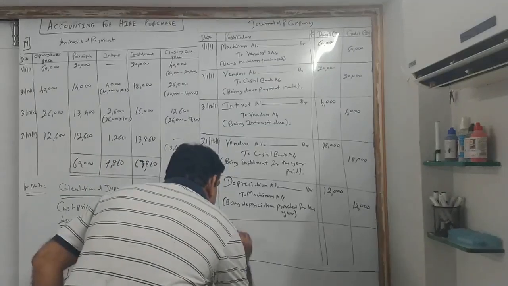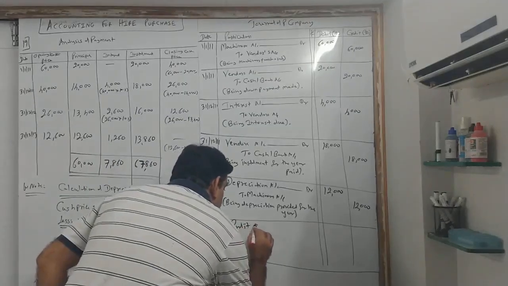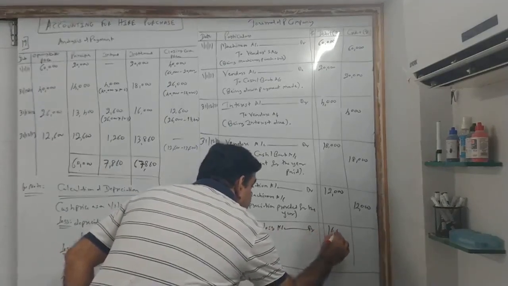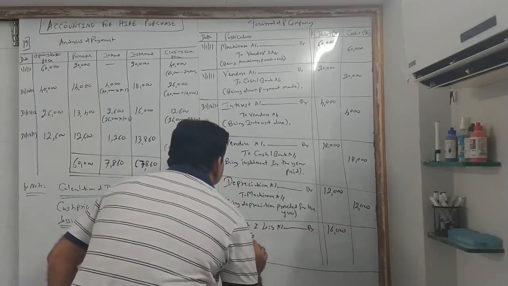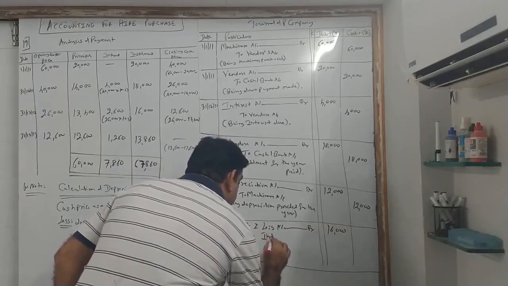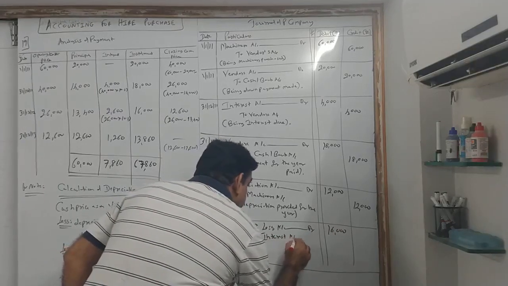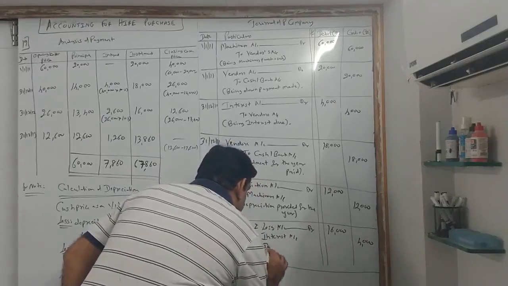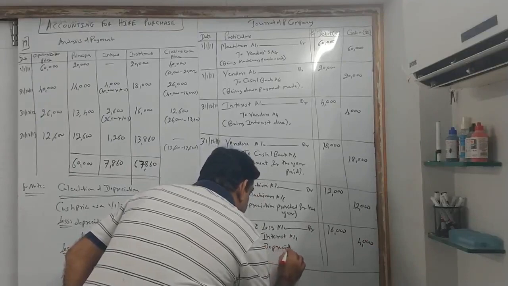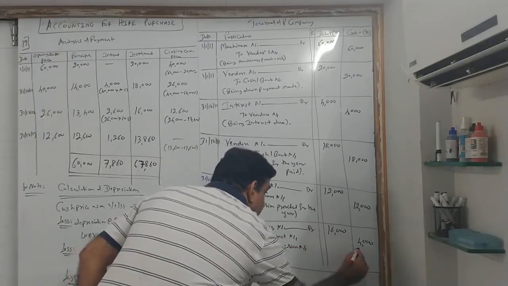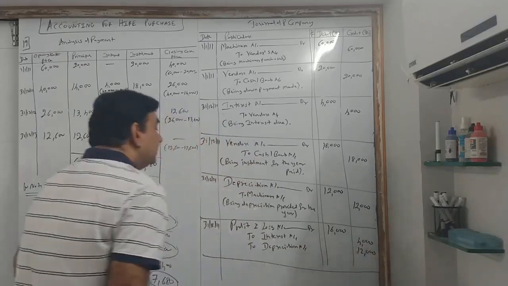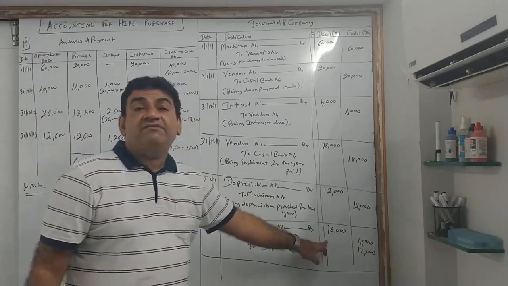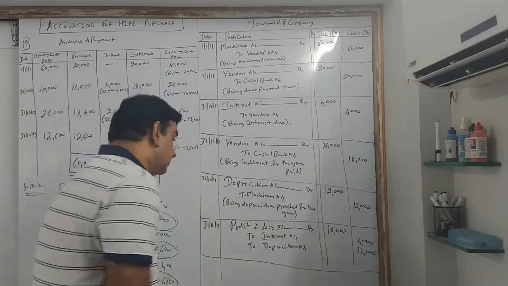So my entry will be profit and loss account debit 16,000 to interest account 4,000, to depreciation 12,000. So 4 for interest, 12 for depreciation. Total I will transfer to P&L debit 16,000.